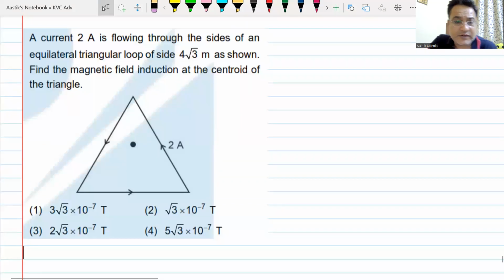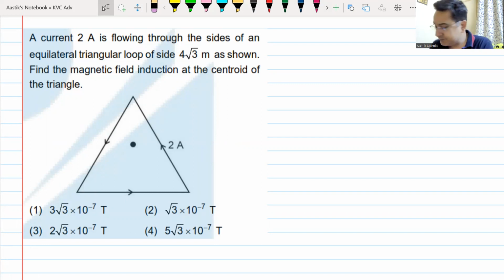And it happens to be like this. A current of 2 amp is flowing through the sides of an equilateral triangle of side length 4 root 3. Find the magnetic induction at the center of the triangle. Equilateral triangle. You just have to remember the geometry of it, and that is the reason that question was given. Option 1 is correct.